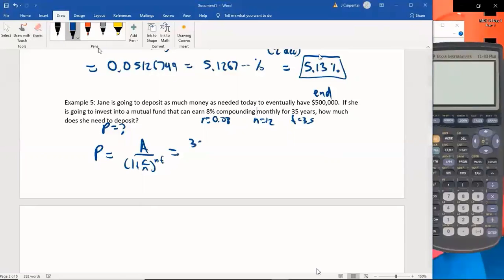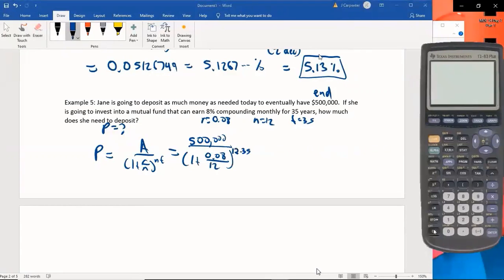So we have our 500,000 divided by parentheses 1 plus the 0.08 divided by 12 raised to the nt, which is 12 times 35. You need to see what 12 times 35 is. It's 420.